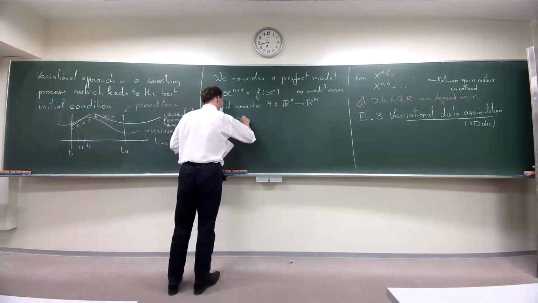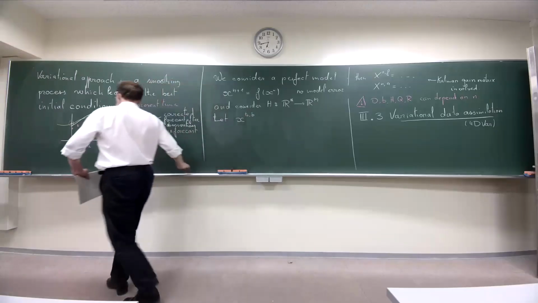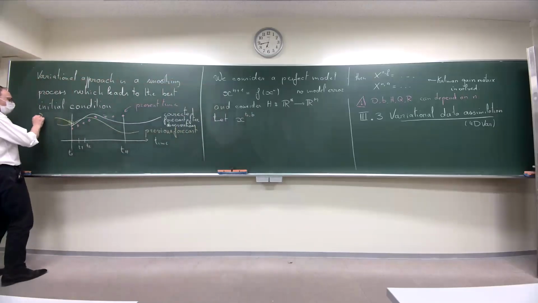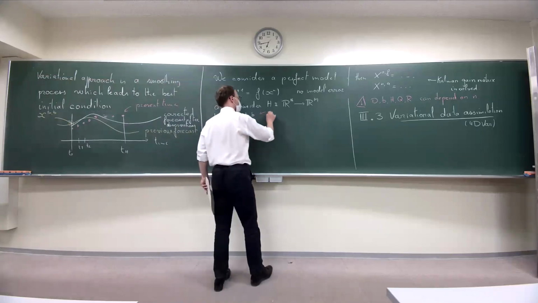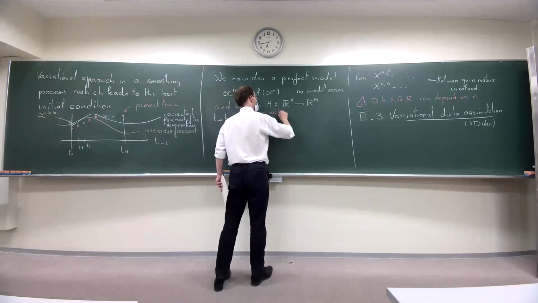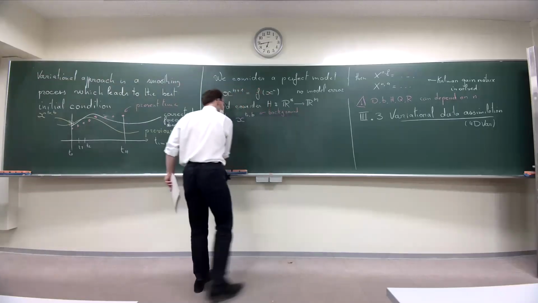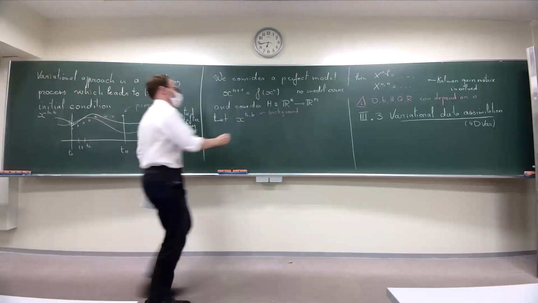So I'm going to write xt0b. Maybe I can write this xt0b is this point, xt0b. And this b is for background. So this xt0b is a point in Rn.